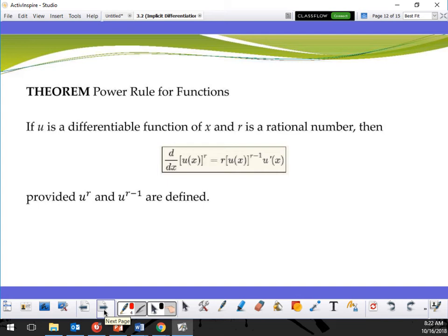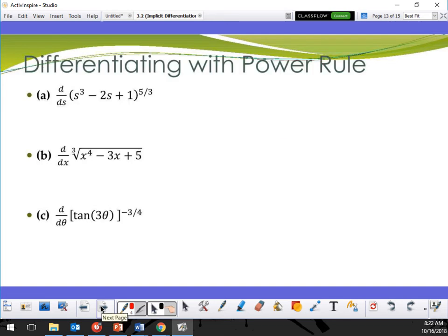Power rule functions. Okay, so now this is going to be chain rule to go along with it. We did chain rule, right? Chain rule. So the derivative of the inside times the derivative of the outside, right? So on this one right here, if I'm going to treat that whole thing like one item, let's call all of this right here u.